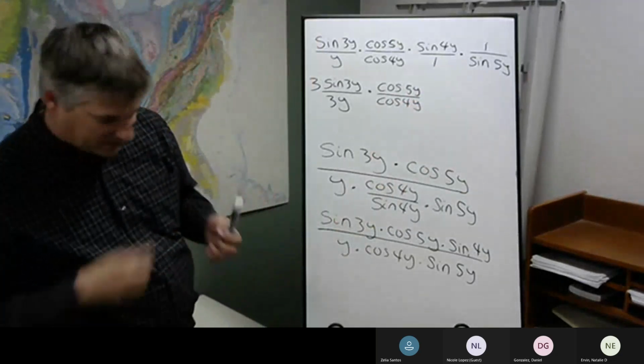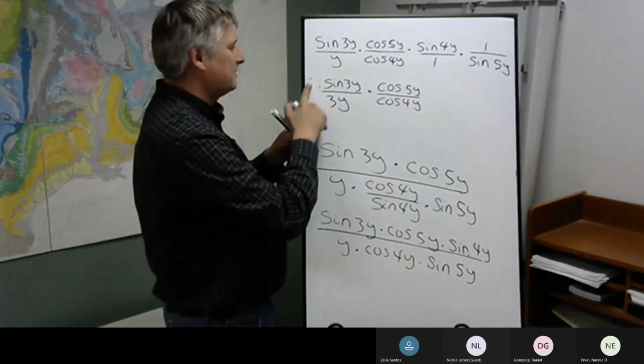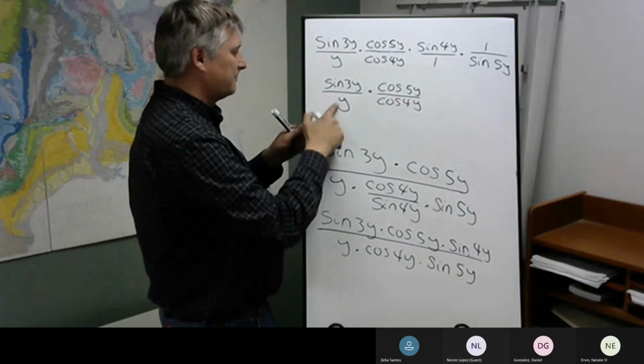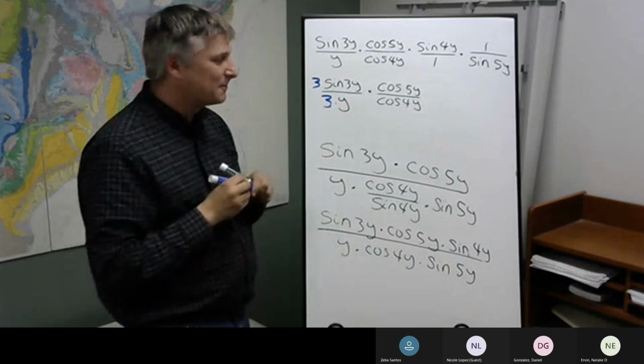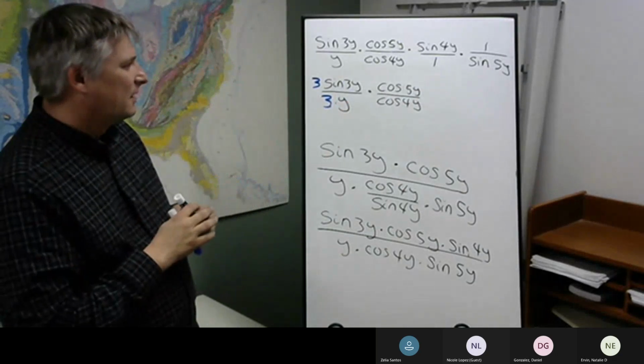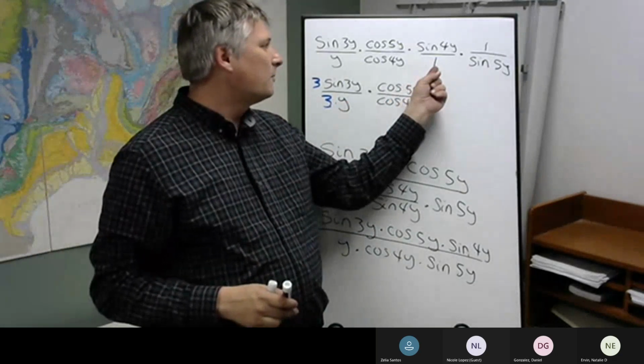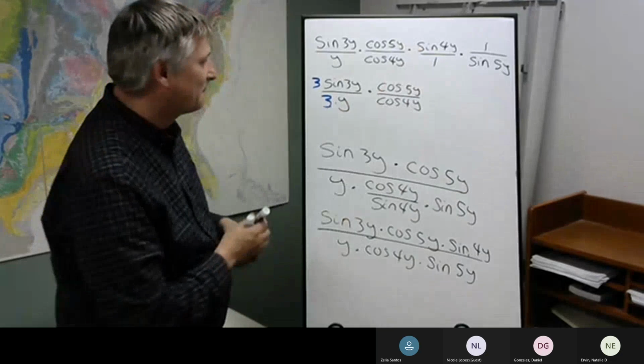Now we're going to do something kind of tricky here. I'm going to highlight these as blue because these are important. Make them stand out. I'm going to put a 4y and a 4y here.